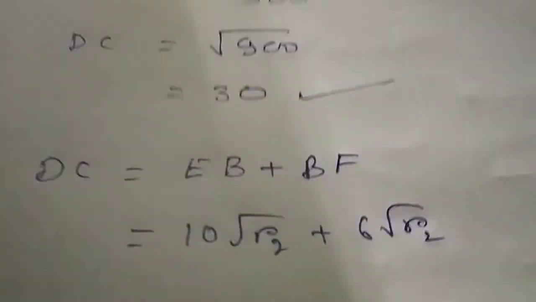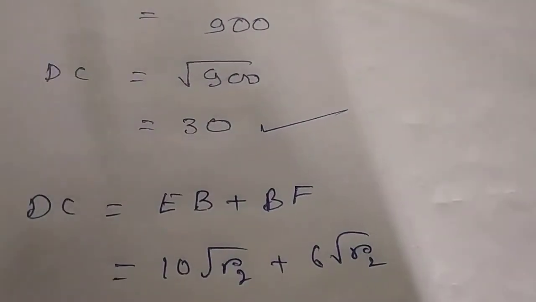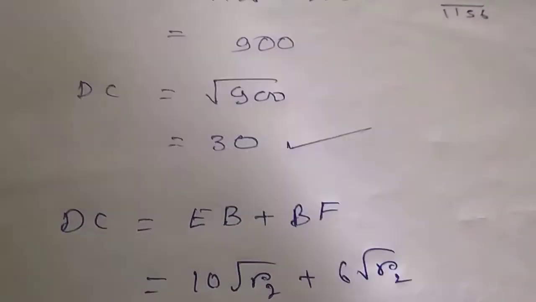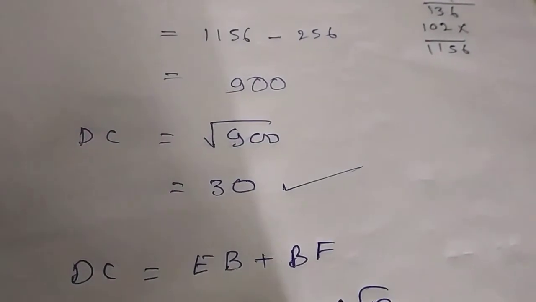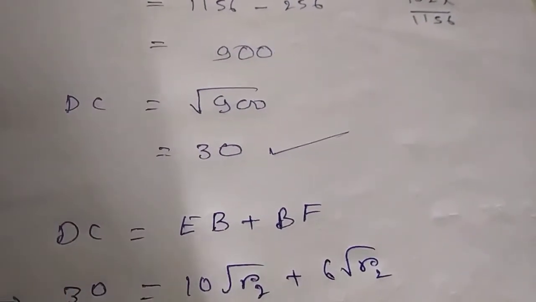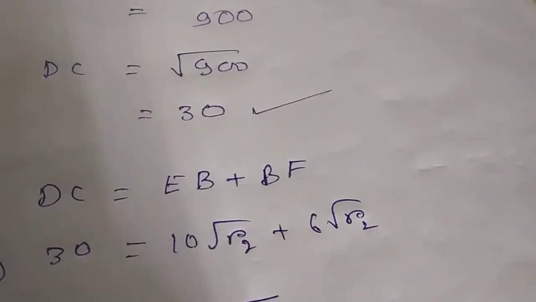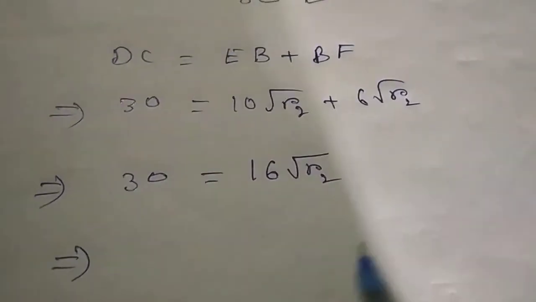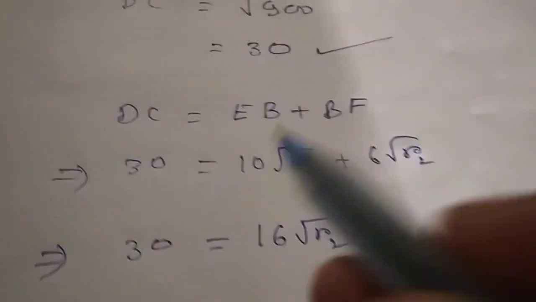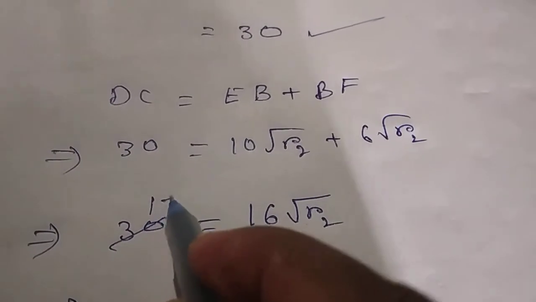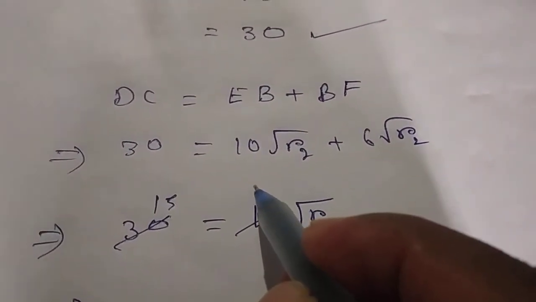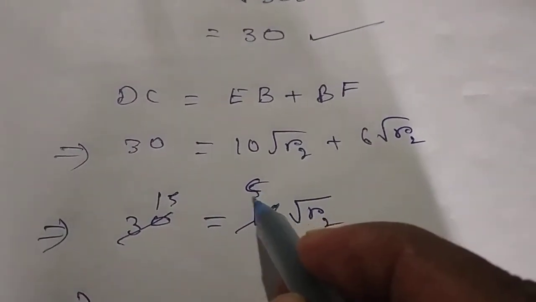So this is going to be 16 root R2, and we know DC is 30. So we can divide by 2 on both sides, then it's going to be this.